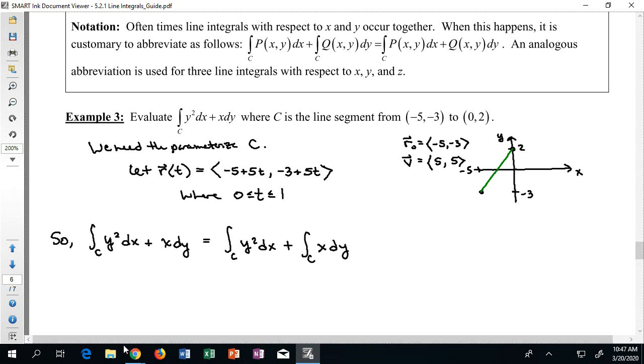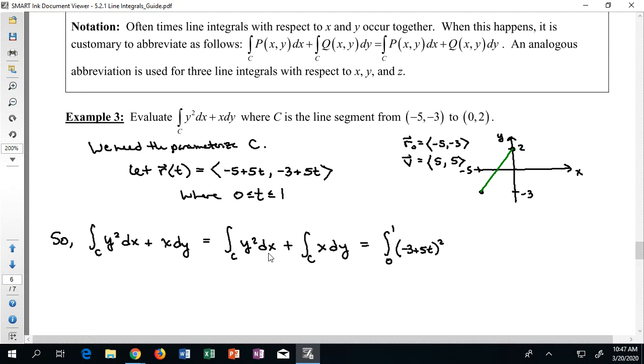Okay, so let's see. If I substitute everything in here, I'm going to have integrals that go from 0 to 1. If I take my y component and square it, it's going to look like this. Although to replace that dx, I'm going to have to include what we have on the previous page.